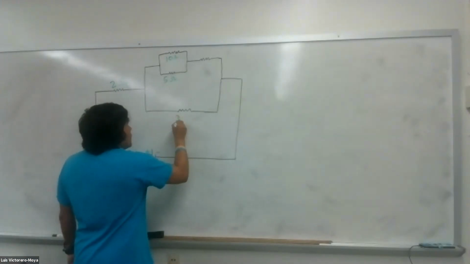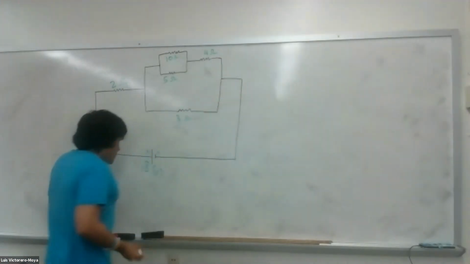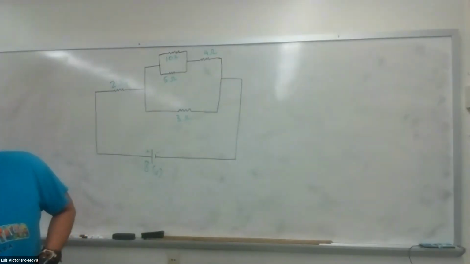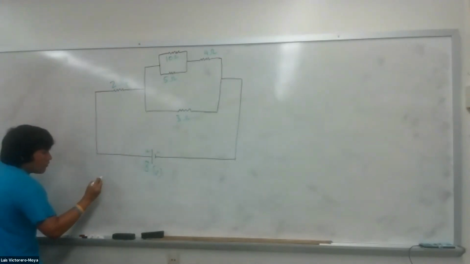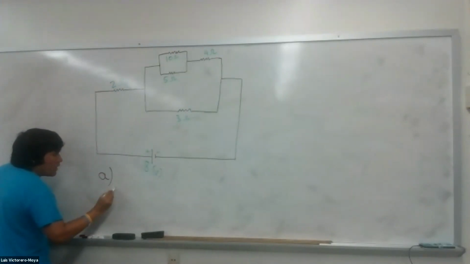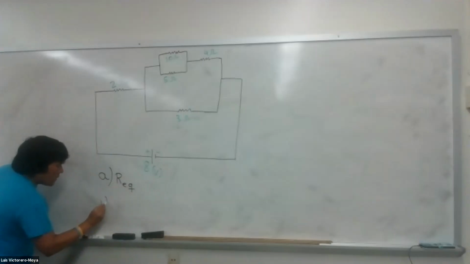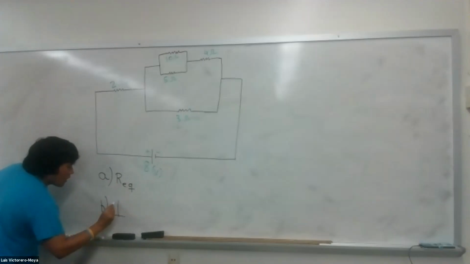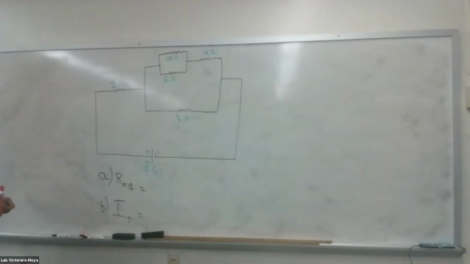That's okay. 3 ohms, 4 ohms. So, okay, so we're gonna find everything as we have. First, the equivalent resistance, and then the total current on the cell.